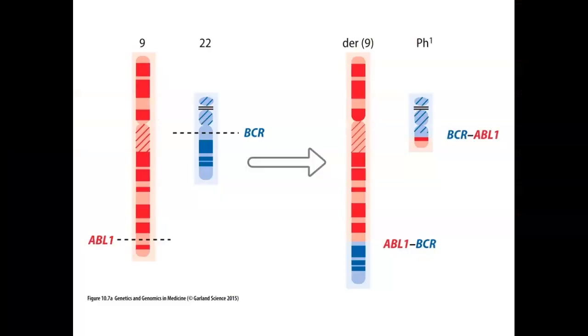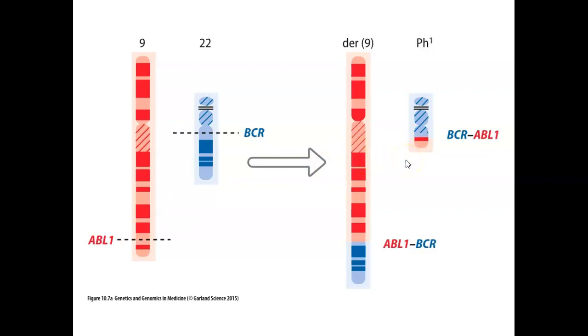Here's an example of an oncogene activation that's caused by a translocation. You can see here that you have chromosome 9 and chromosome 22. Sometimes there can be a translocation between these two regions of both chromosomes, and you can see here that the ABL1 site has translocated over to chromosome 22.